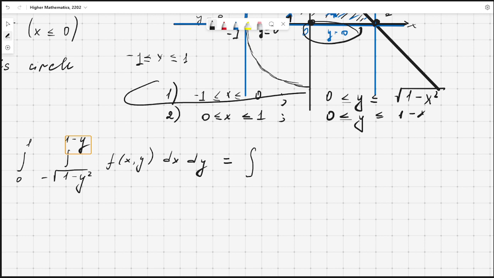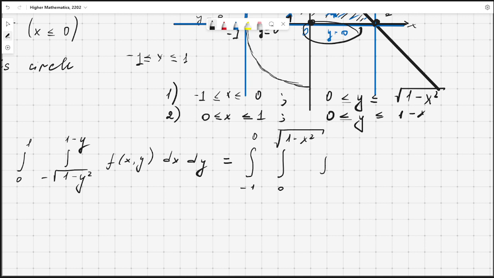The first integral, integral from minus 1 to 0 of integral from 0 to square root of 1 minus x squared of f of x, y. In the first, dy changes from 0 to this. Then dx.